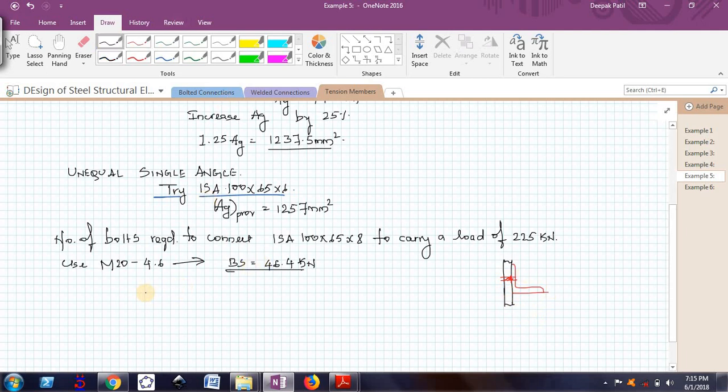Okay, so number of bolts required are, so the total load is 225 divided by 46.4, so I'm getting 4.84.